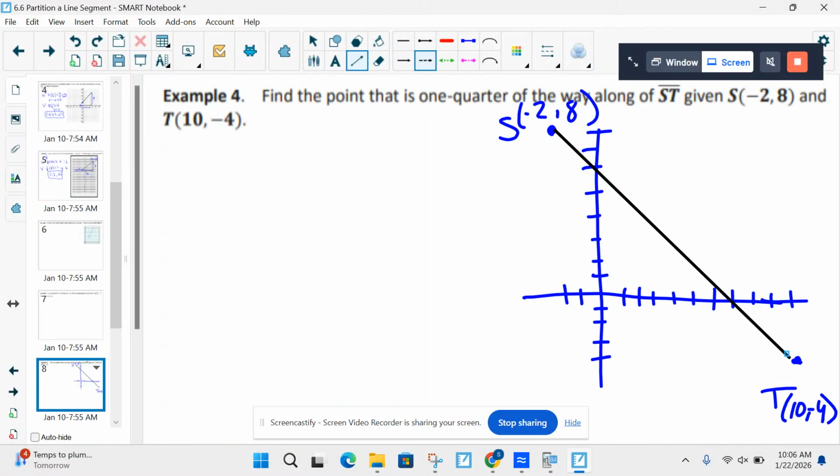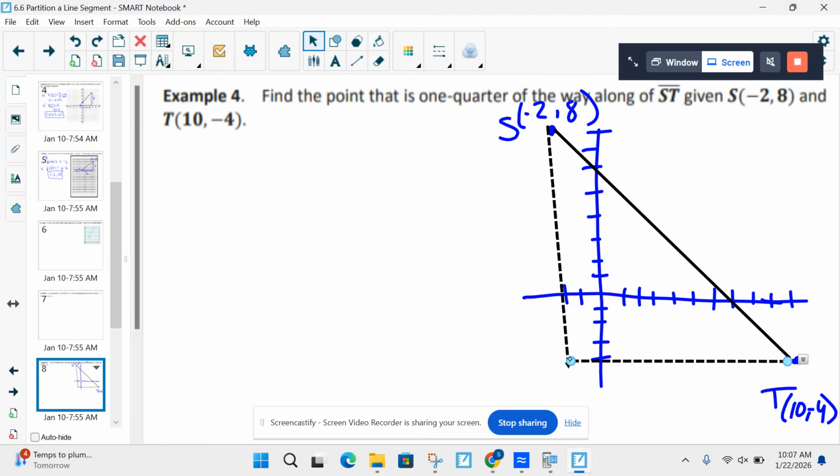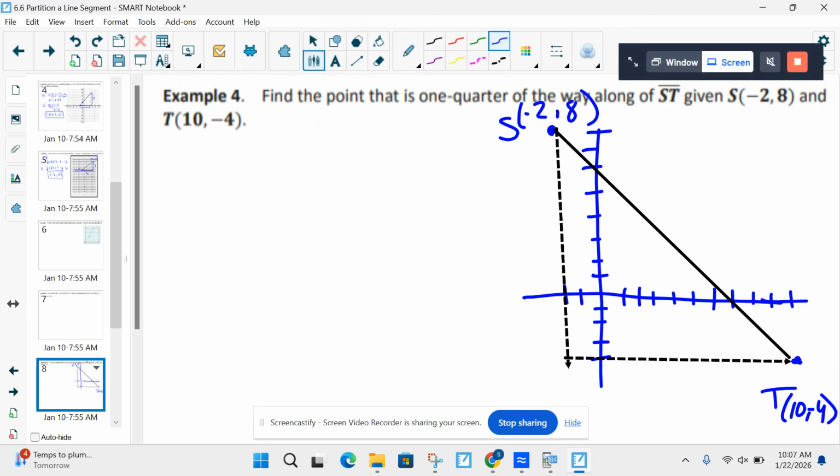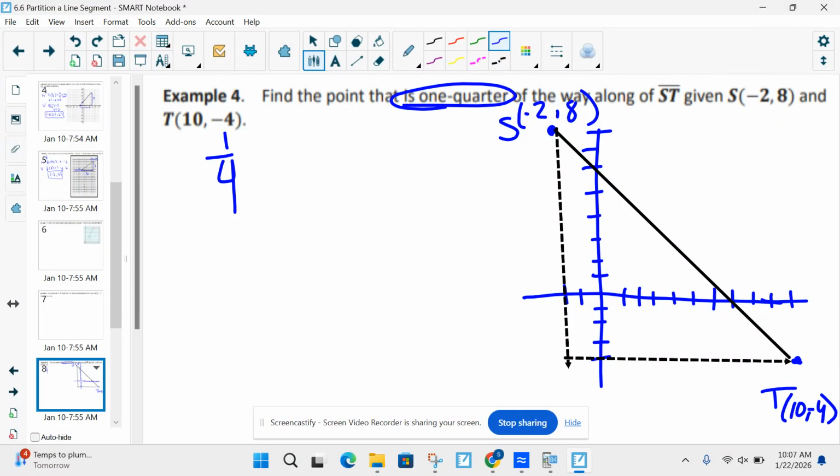So I'm going to make my triangle. Okay, pretend that's the right triangle. So our ratio is 1/4. Okay, so just 1/4 from S to T. So not T to S, we want S to T.